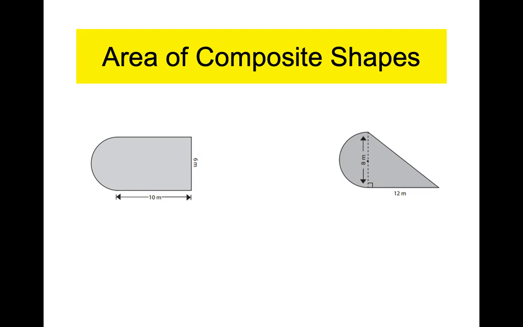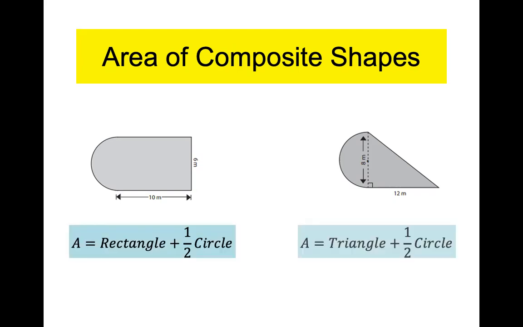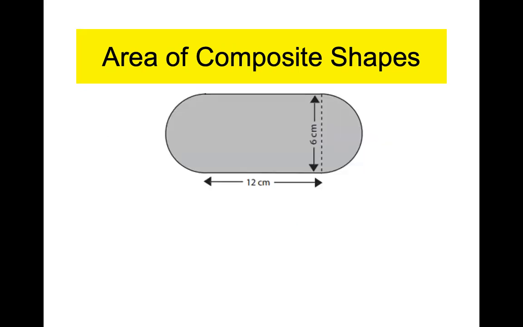Triangle plus half circle. Yeah, it is a rectangle. Circle plus, a whole circle plus square. Yeah, if you add this half circle, that half circle, that's a whole circle. So whole circle plus, I don't know, it looks more like a rectangle to me.